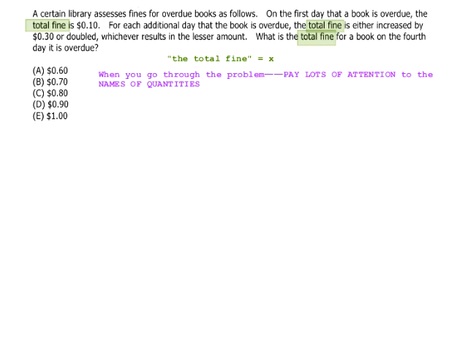So the point is that it's either increased by 30 or doubled, whichever is less. So if that amount X is 30 cents or less, then you add 30 cents. And if it is 30 cents or more, you double it.